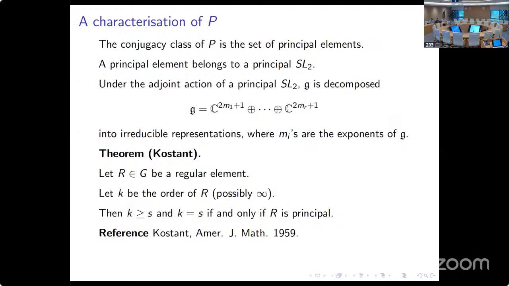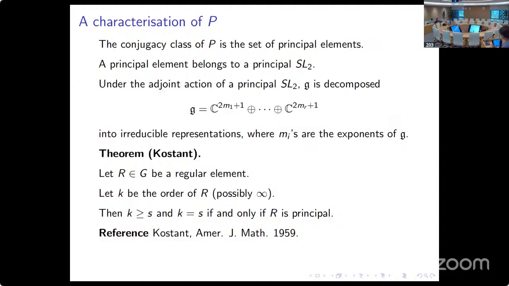We restrict the adjoint representation to this principal SL2. It decomposes into irreducible representations of SL2, and each has to have a zero weight, so its dimension is 2m_i plus 1. There are l irreducible representations of SL2, and for the dimension 2m_i plus 1, this m_i is called an exponent. This is also an important invariant for the Lie algebra.